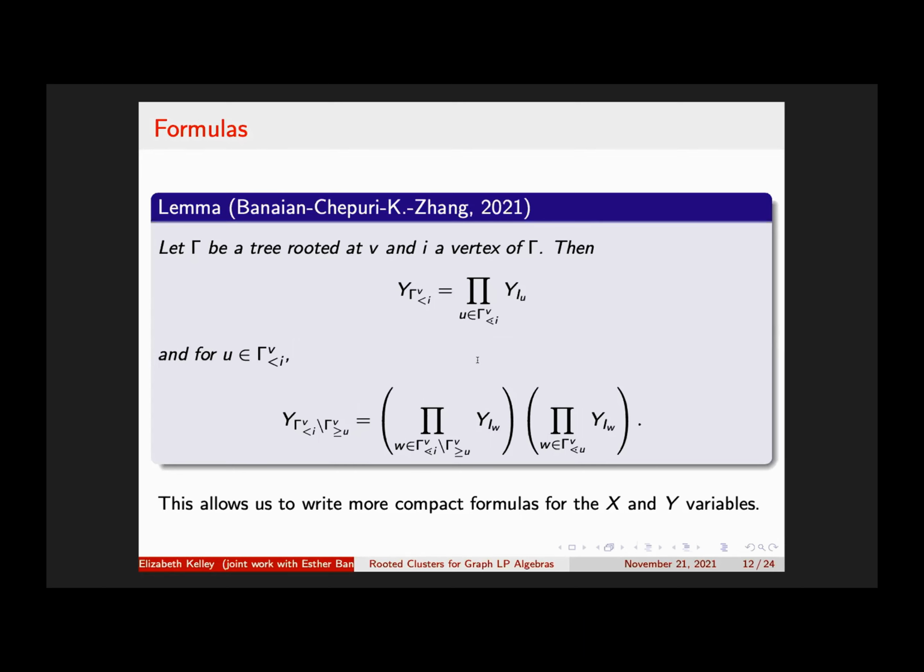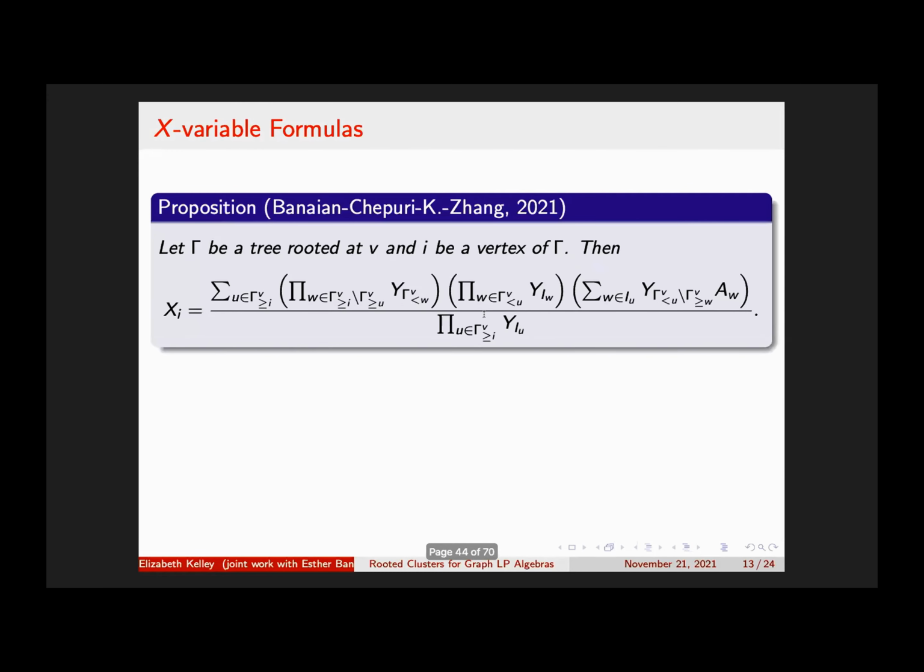And they're going to be useful notation because now whenever I see one of these in a formula, I know that it's not hiding anything that would get in the way of positivity. Okay, so the next formula is that for the x variables, I can write them in this form.